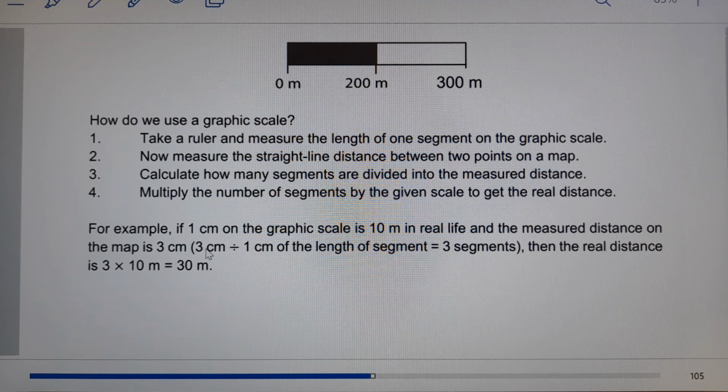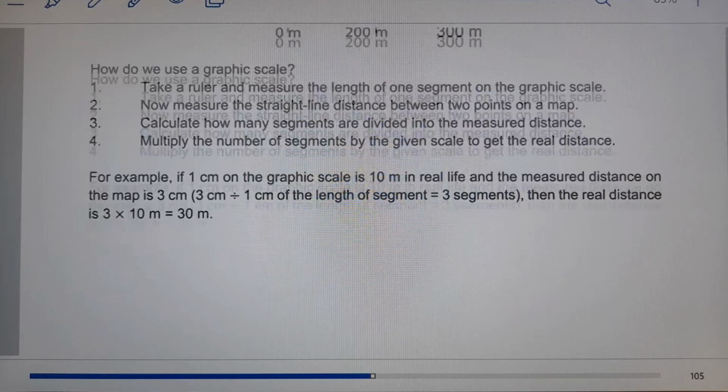So I am going to say that 3 centimeter, the measured distance on the map, divided by 1 centimeter, which is the length of one segment, gives me 3 segments. Then the real distance is 3 times 10, which is the map scale. 3 times 10 gives me 30 meter.